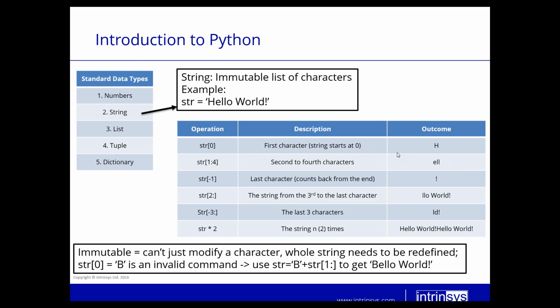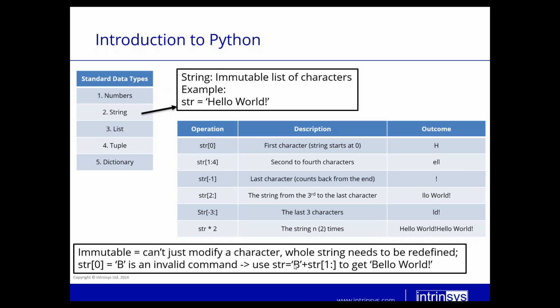So what if we still want to modify our string? What we can do is we can just redefine the string. So for example, if I want to swap my beginning H for a B, I just cannot refer to the first letter and change it because the string is immutable.